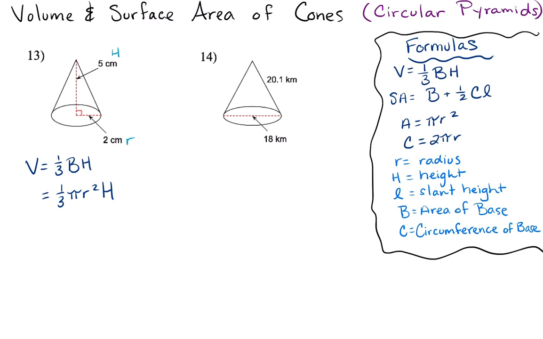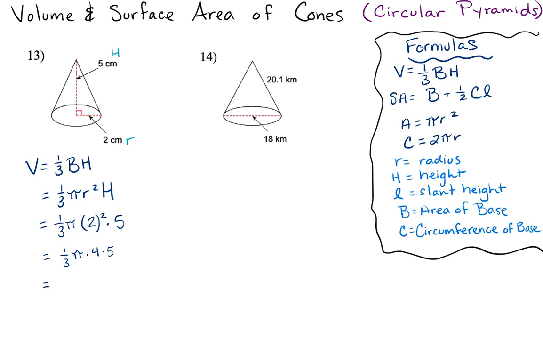Now we can go back to our equation and start replacing in some values. We get 1/3 times pi times 2 squared times 5. So we're going to get 1/3 times pi times 4 times 5.